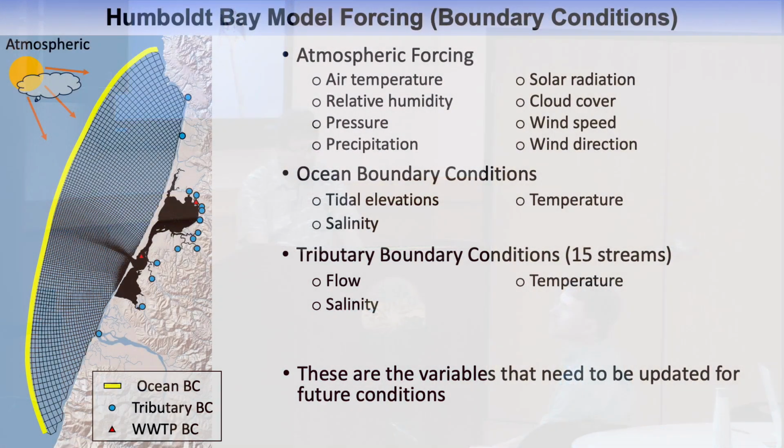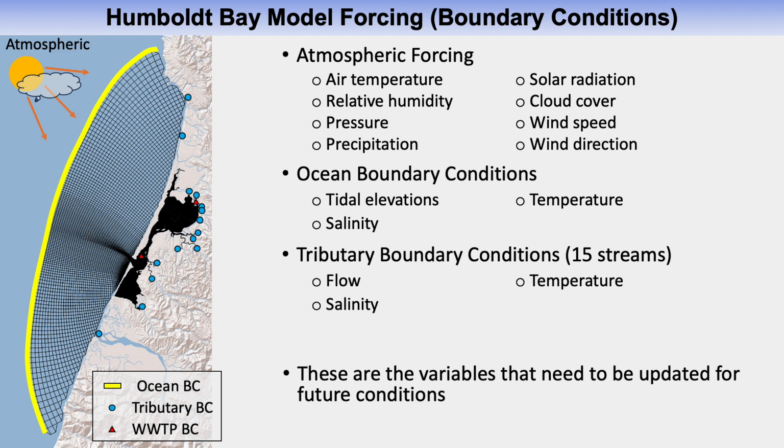All right, so the model is forced by 3 types of boundary conditions. We have atmospheric forcing, which are things like air temperature, relative humidity, wind speed, etc. We also have ocean boundary conditions, which need tidal levels, and then salinity and temperature concentrations. And there's also about 15 tributaries that flow into the model domain, 12 of which are in Humboldt Bay.